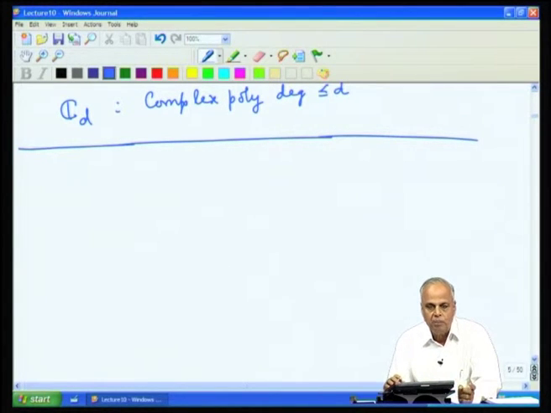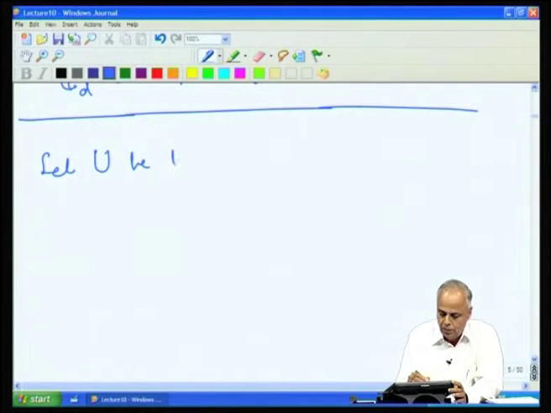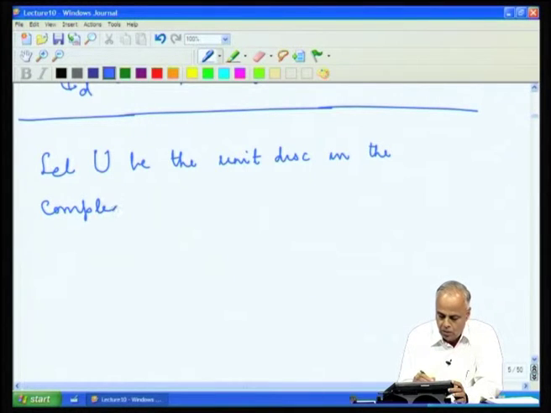We will take one example from complex analysis and one example from Fourier transforms. Now, let U be the unit disk in the complex plane. What do we mean by the unit disk?